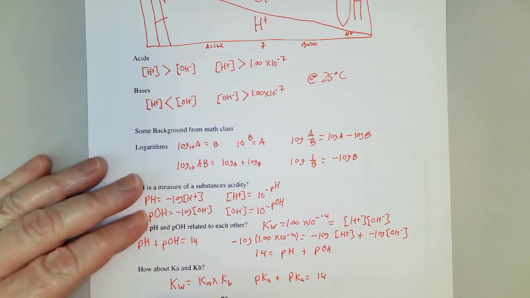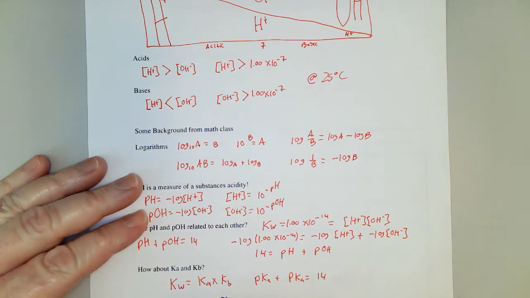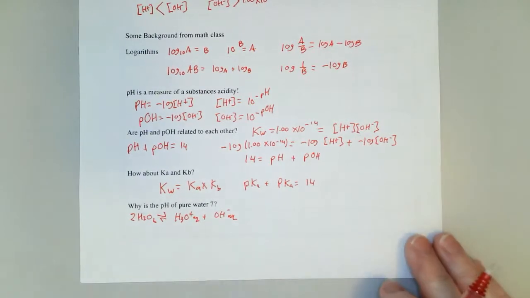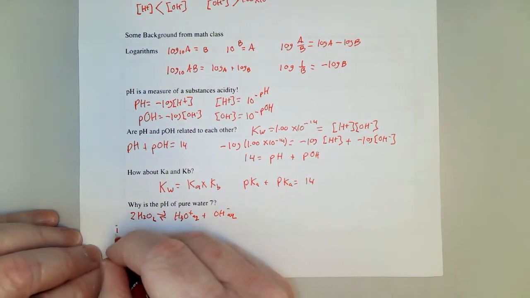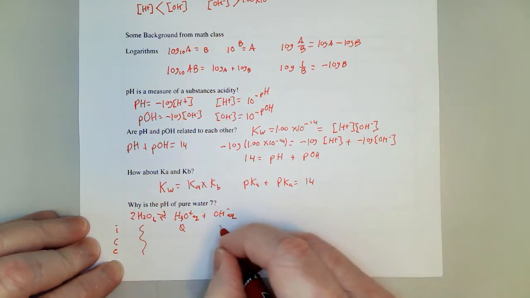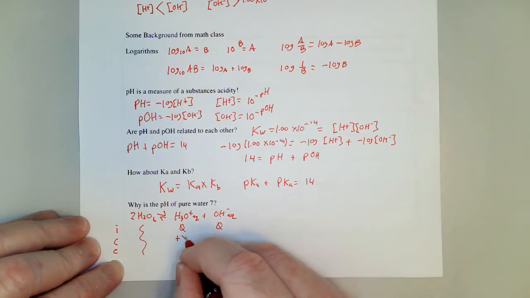Now that's actually not true in most situations. Okay, so 2H2O liquid breaks down into H3O+ aqueous plus OH- aqueous. Okay? So if we make an ICE box out of that, 0 and 0, plus X.